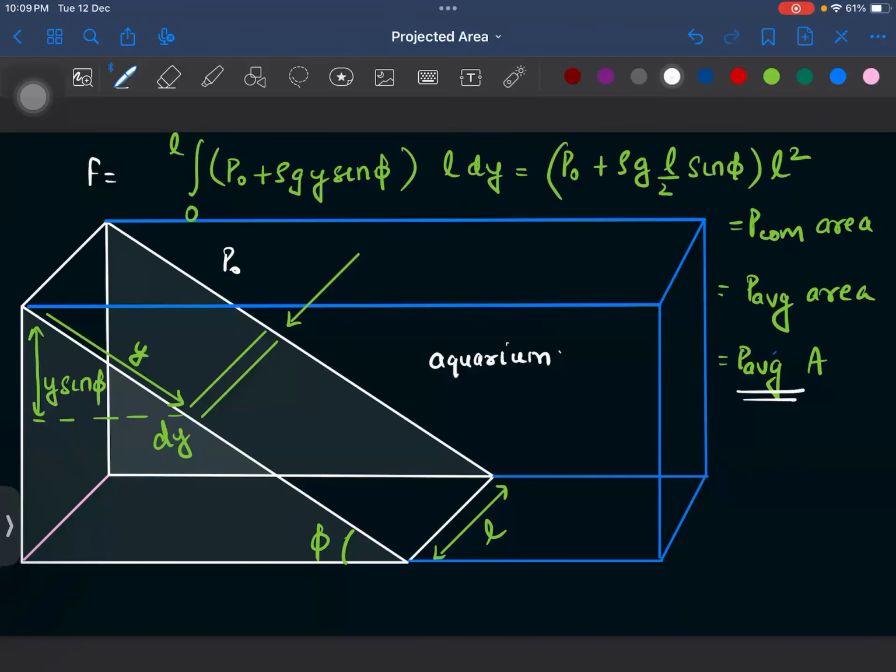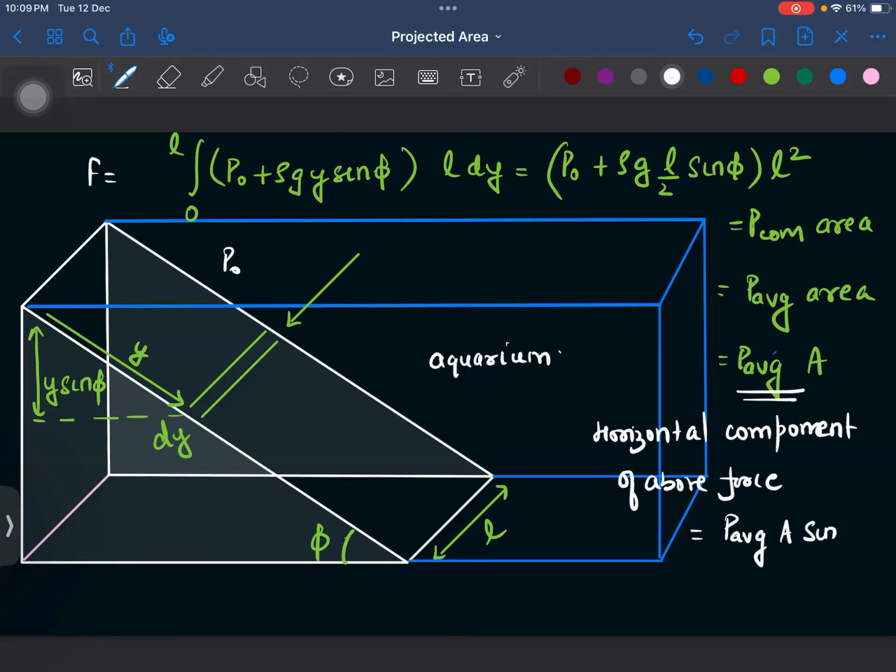Now, dear students, if we try to find out the horizontal component of the above force, it will be the pressure into area into sine phi by simple vector algebra.